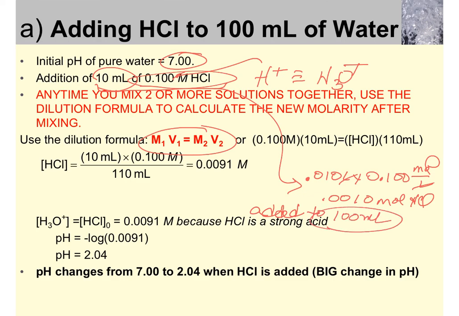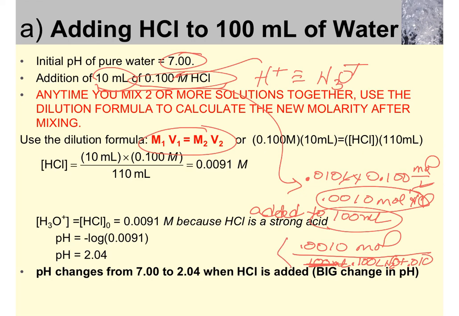To find the new concentration of HCl, it's going to be the 0.0010 moles that we just calculated, divided by the total volume of the solution, which is the 0.100 liters of water plus the 10 milliliters of HCl.